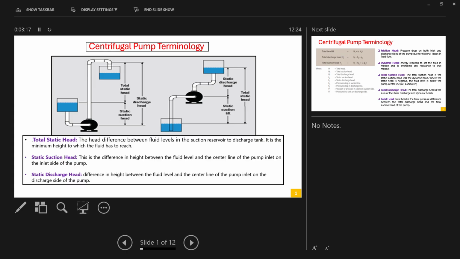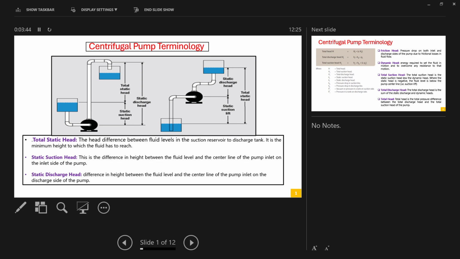Similarly, the static discharge head is the level difference between the discharge tank and the pump center line. And total static head is the level difference between the overhead tank level minus the underground tank level. That is the total static head.